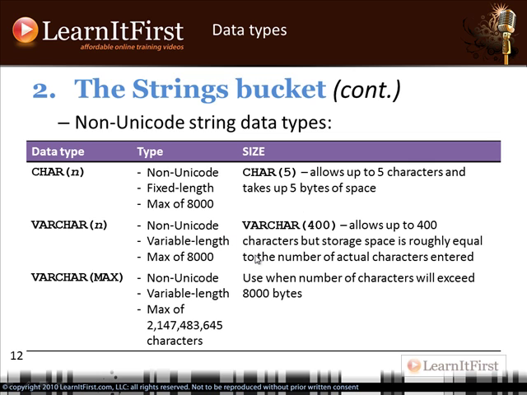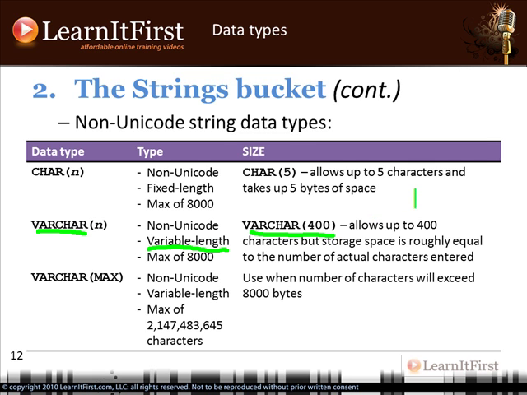Now you couple that or contrast that with a variable length column. Okay, so here we have the varying column, the variable length here, varchar. If I define a column or a data type as varchar 400, I've said I can put up to 400 characters, but my storage space is only equal to about the number of characters that I put in.